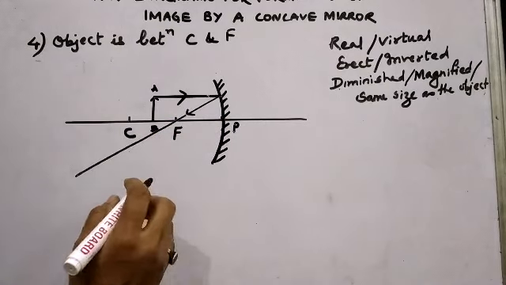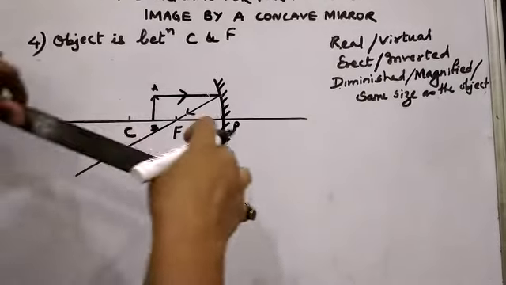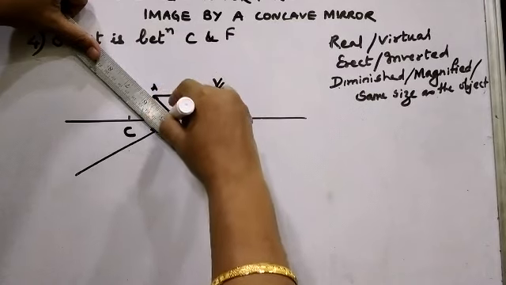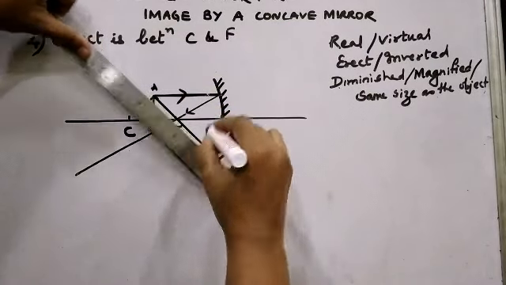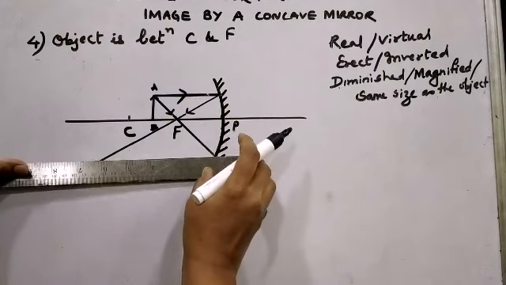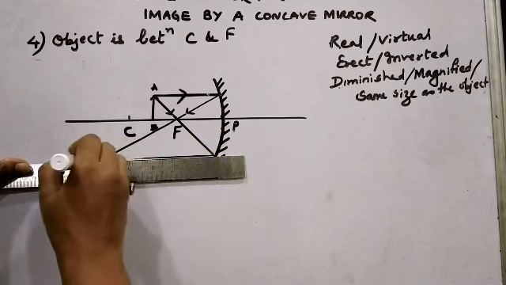The next rule that I will use is that the incident ray passes through the focus. Second rule: if the incident ray passes through the focus, then the reflected ray will be parallel to the principal axis.